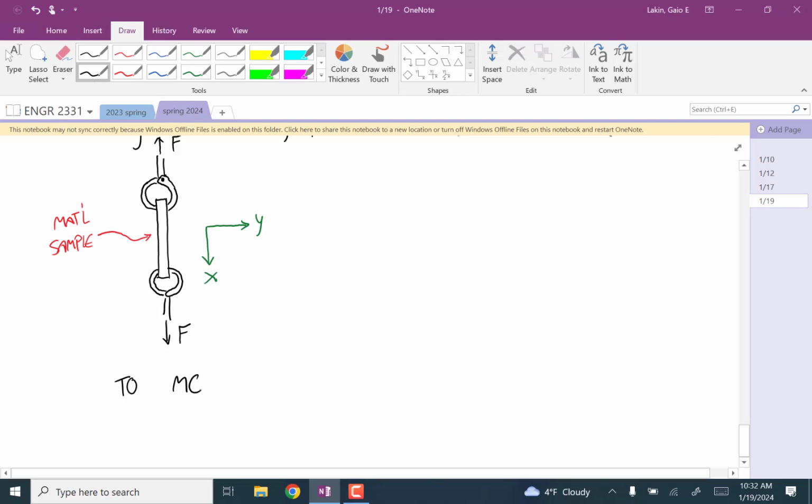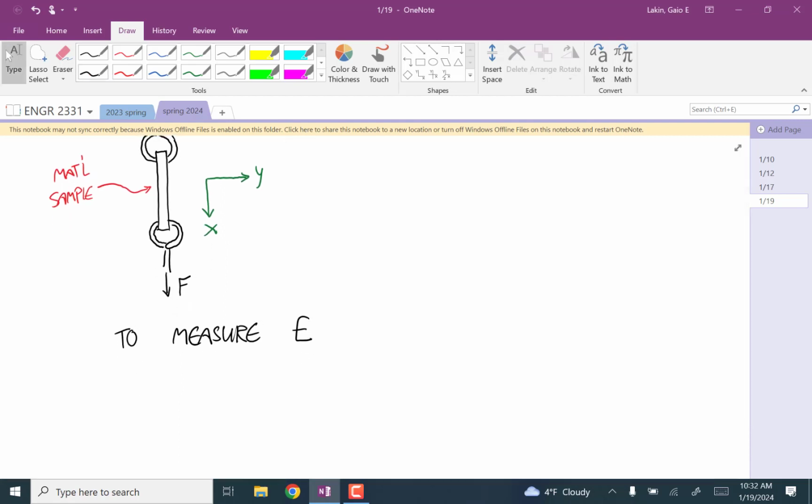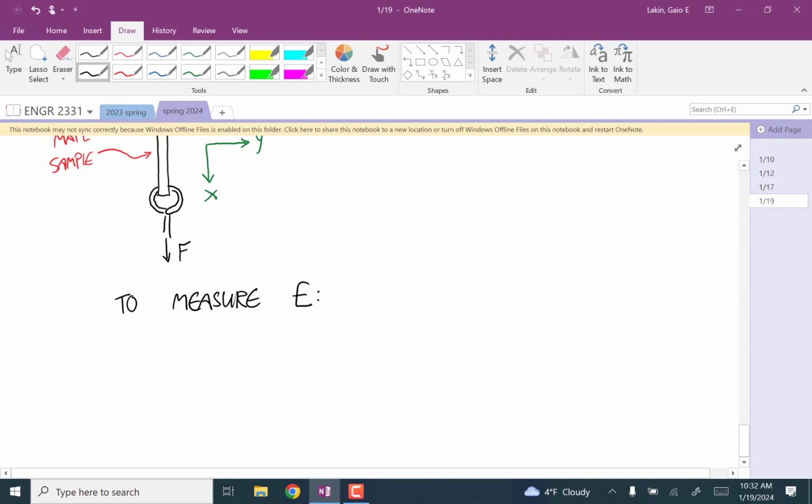Okay, so to measure the stiffness, first, the normal stress in the x direction is that force F divided by the cross-sectional area.